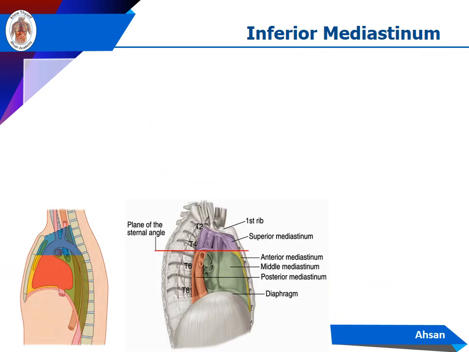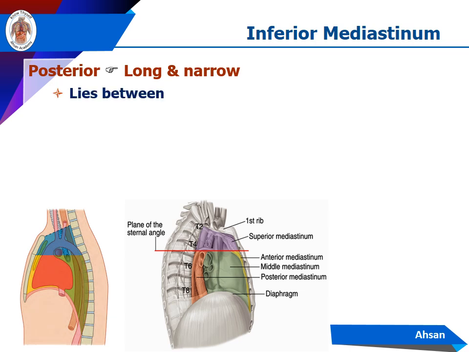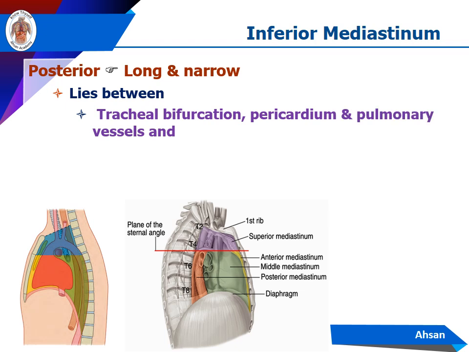The posterior mediastinum is the component of the inferior mediastinum that is relatively longer and larger than the anterior one, but narrower than the middle one. It is clinically important as it lies behind the heart, the bifurcation of the trachea, and the pulmonary vessels.